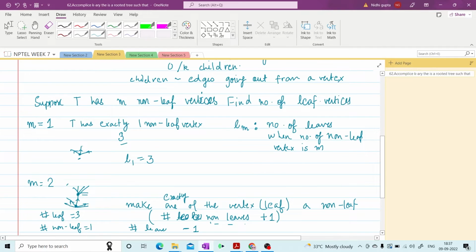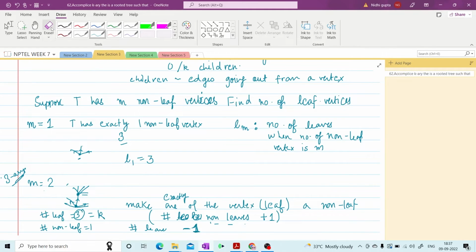I was doing it for a 3-array tree, but this 3 can be replaced by k also. Whatever I did for 3, the same reasoning follows for k.